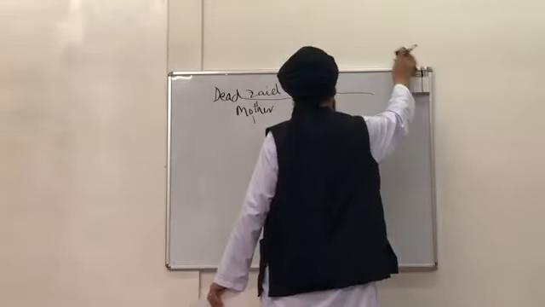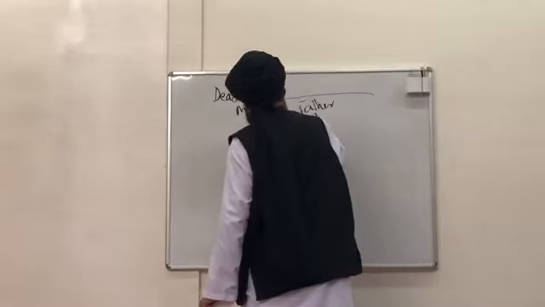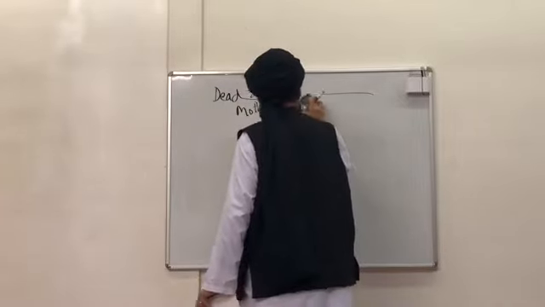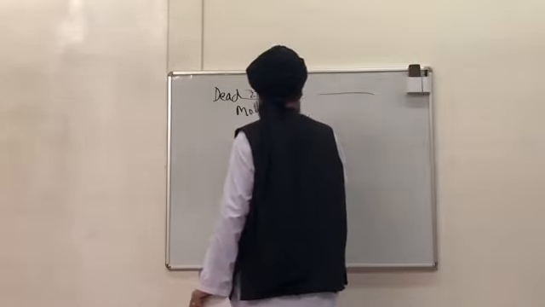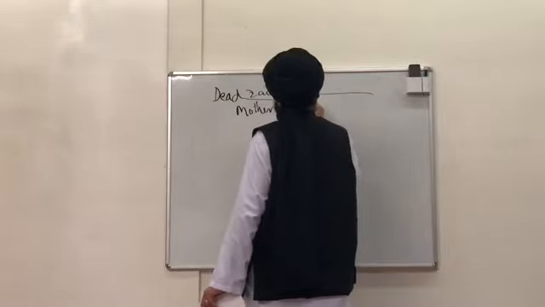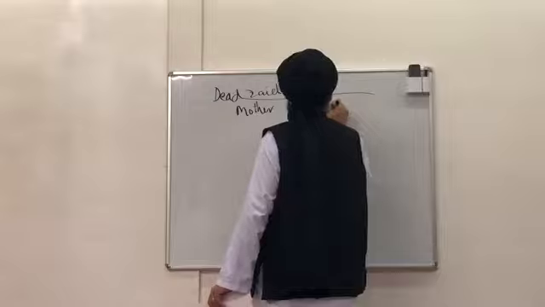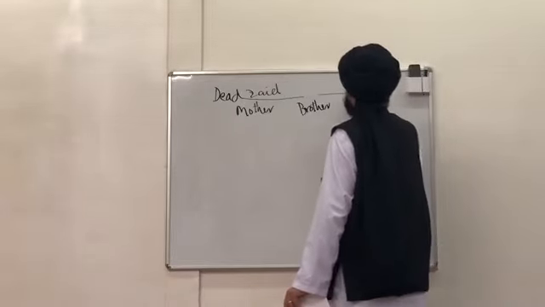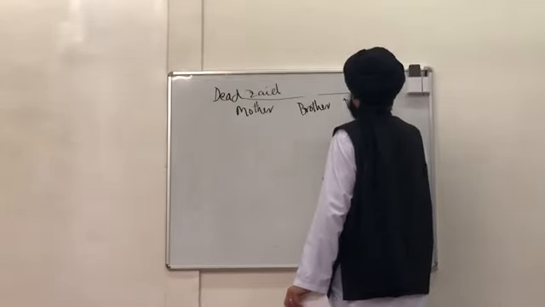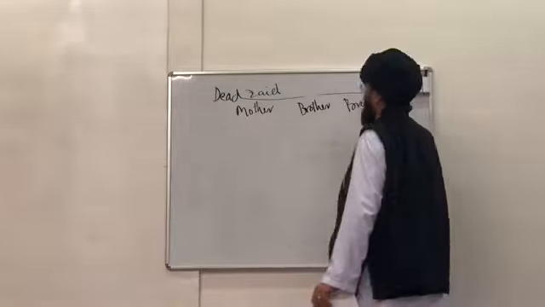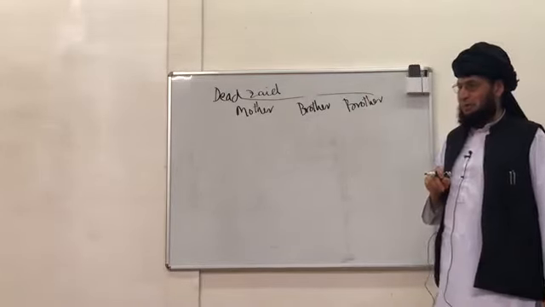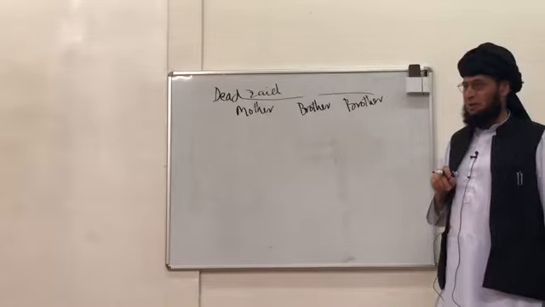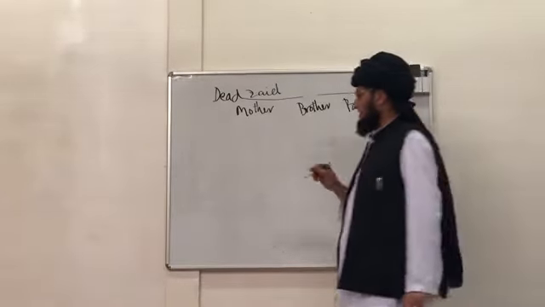Now, the other case is that this is the mother, and this is a brother, and this is a brother. So in this case, there is more than one brother. So the mother's share went from 1/3 to 1/6.